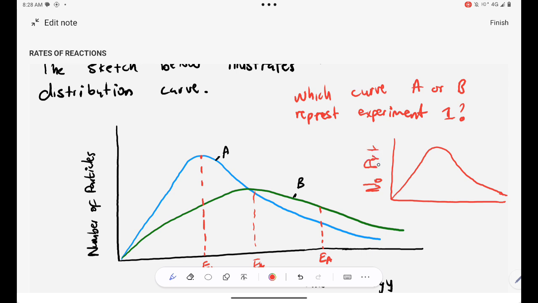And on your x-axis, you're representing kinetic energy. There are two things I want you to note about the Maxwell-Boltzmann distribution curve. Firstly, the peak over there just represents your average kinetic energy. And then that black line over there represents your activation energy.